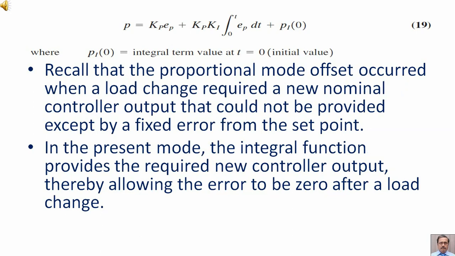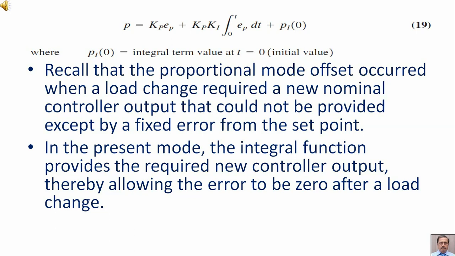Recall that the proportional mode offset occurred when a load change required a new nominal controller output that could not be provided except by a fixed error from the set point.